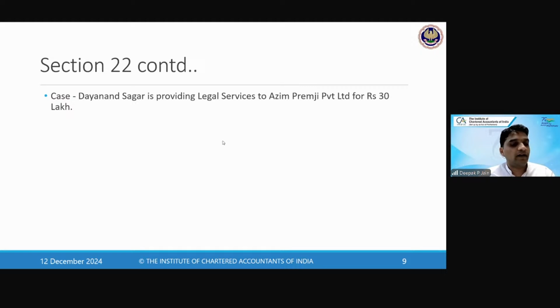Reverse charge will be paid by Azim Premji. So, whose aggregate turnover will this be included in? Please mention your name instead of your mobile number.